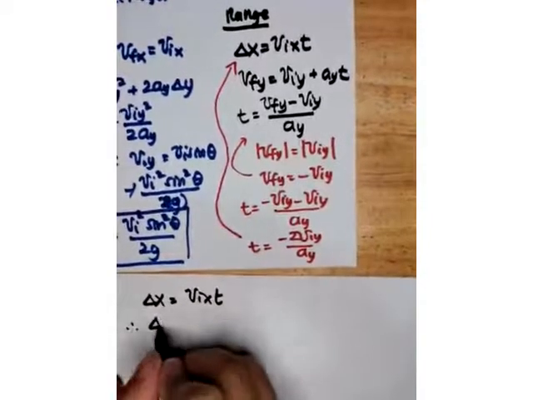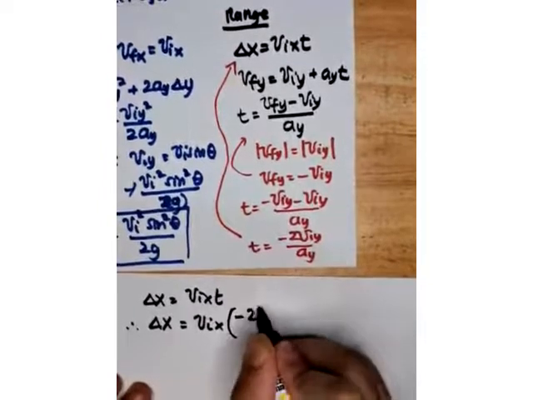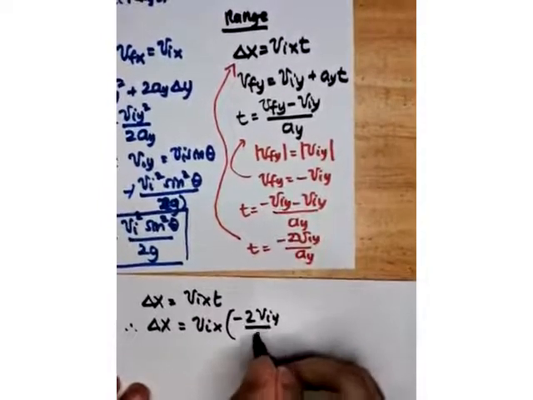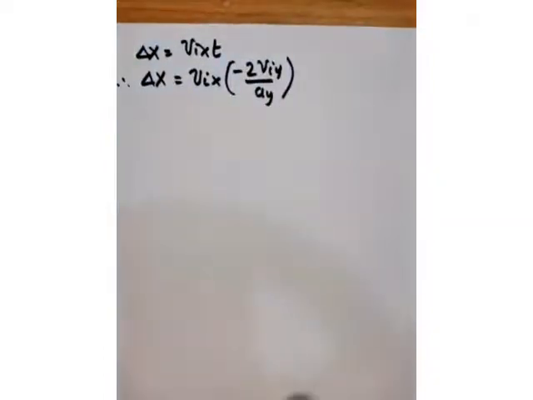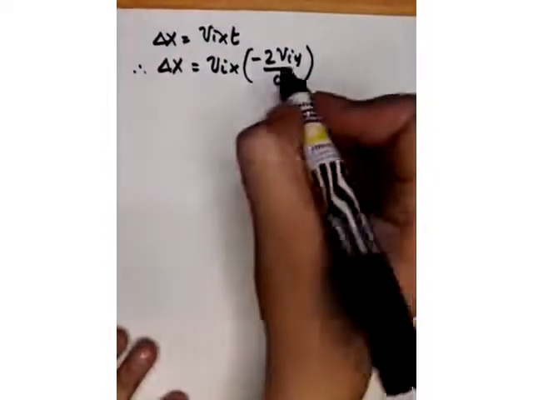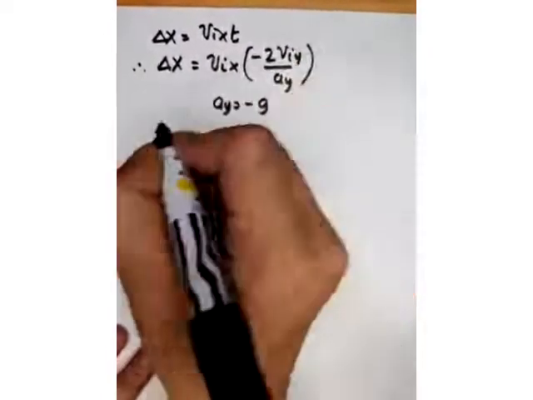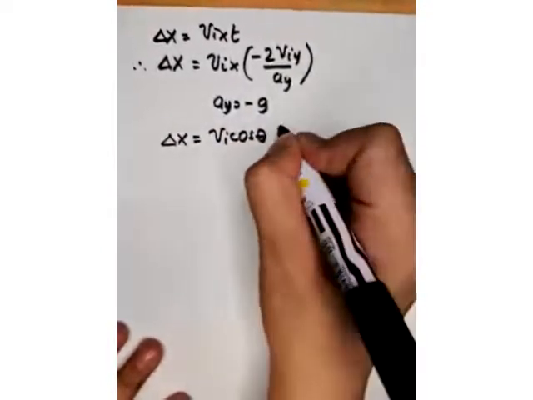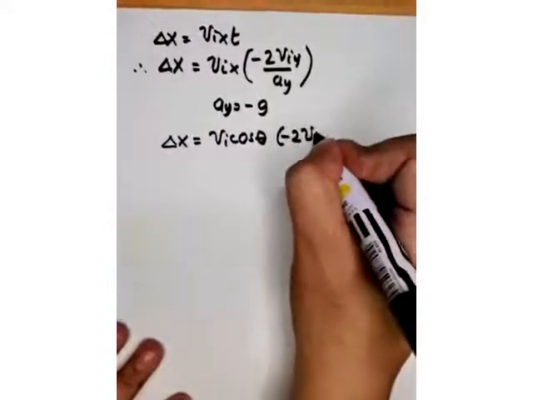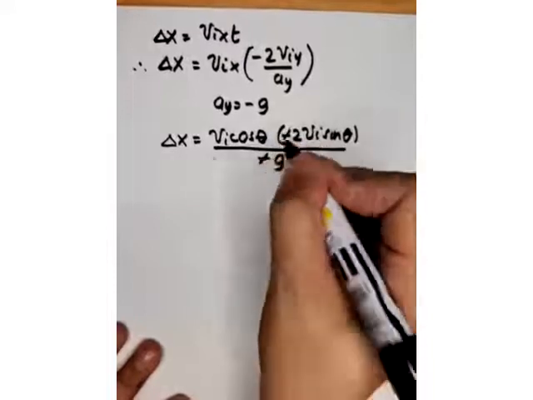So therefore, delta X is equal to VIX times negative 2 VIY over AY. Okay? But AY, again, is equal to negative G. And then VIX and VIY, so these are equal to VI cosine theta times negative 2 VI sine theta all over negative G. Cancel yung negative.